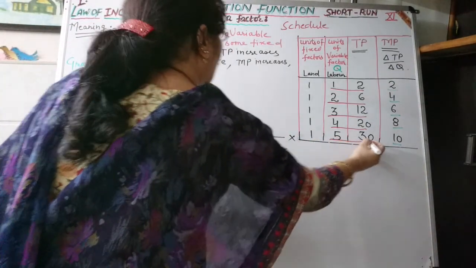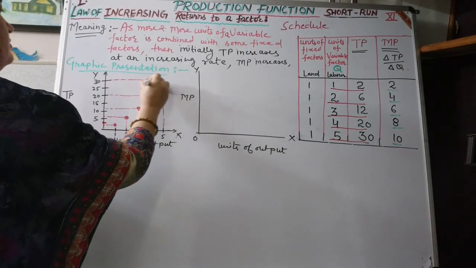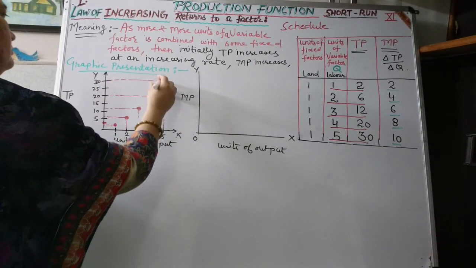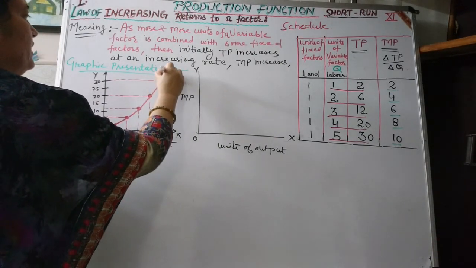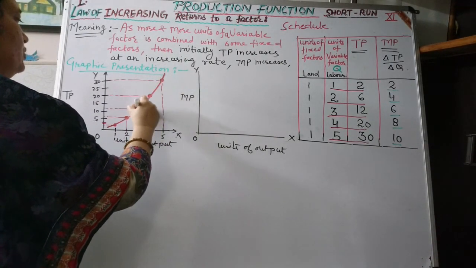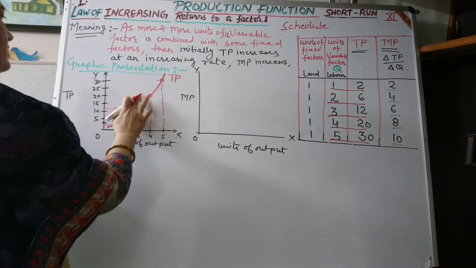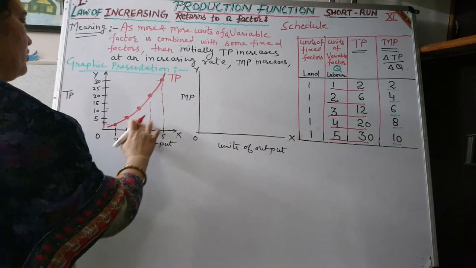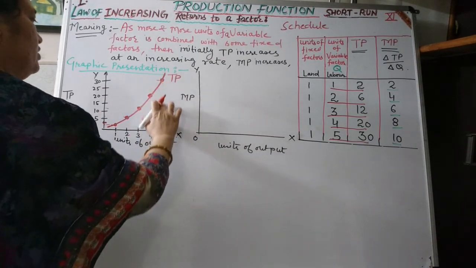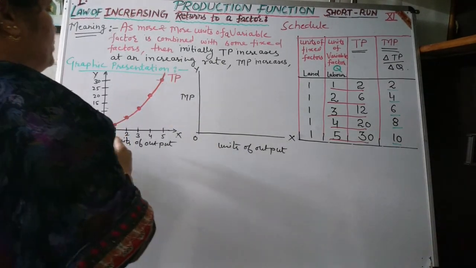And at the fifth unit of output, total production is 30. As we join all these points, we will get total production. You can erase the dotted lines which you have drawn with the help of a pencil. Then this is the total production curve.